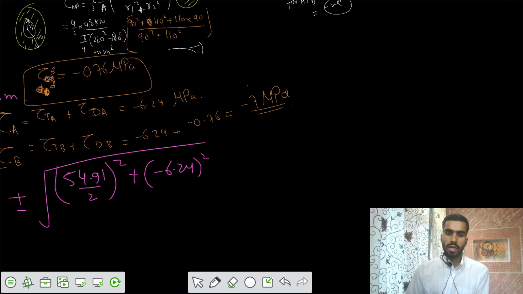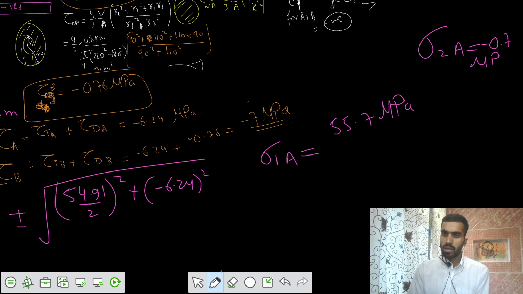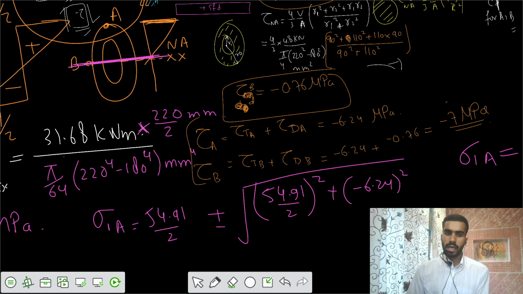So we got sigma 1 at A equals 55.7 megapascal, and sigma 2 at A equals minus 0.7 megapascal, and tau max at point A is 28.2 megapascal. So we got those stresses for point A.